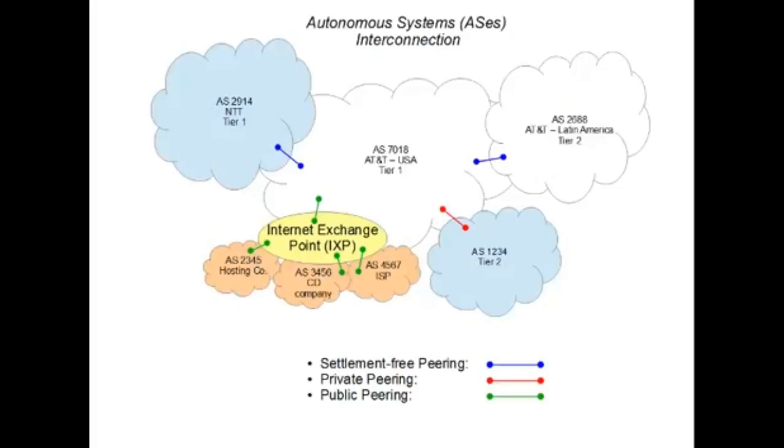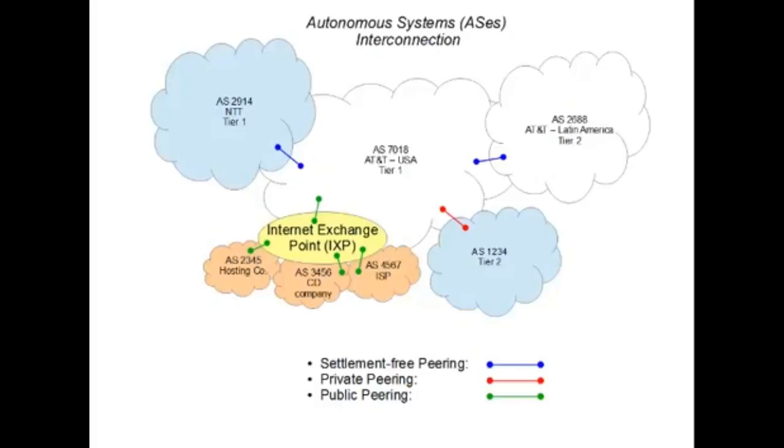In the inter-exchange point, we would see hosting companies like Amazon and GoDaddy and Rackspace coming there with facilities that would connect at one physical location. We would also see content delivery companies like Akamai and Limelight, and we would see ISPs. Those are all connected, as well as Tier 1 networks, at particular physical locations around the world.